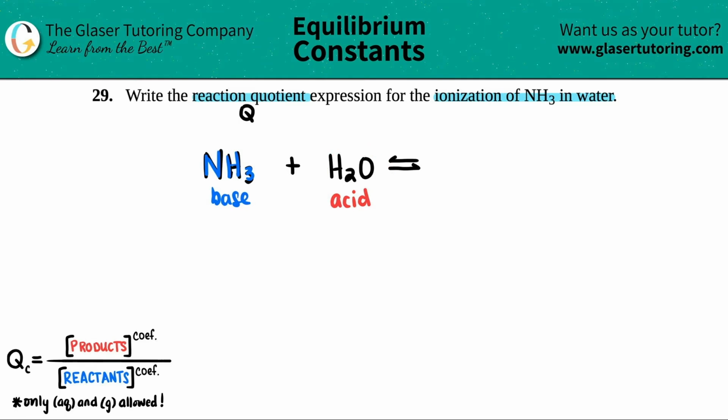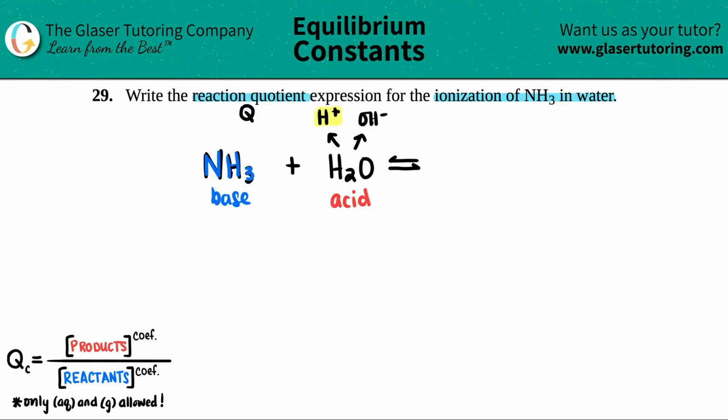Now, remember, this might be a little easier if you look at H2O as its ions. H2O is really made up of H plus and OH minus, right? If I add H and OH, I will get H2O. So it's this H plus that is going to the NH3, and this is what's going to be remaining.